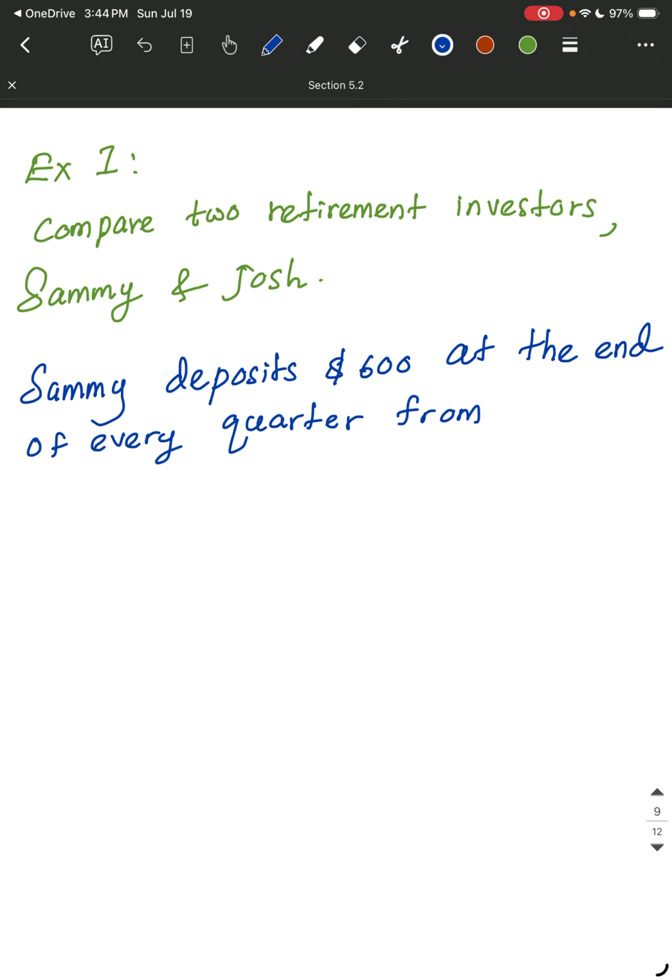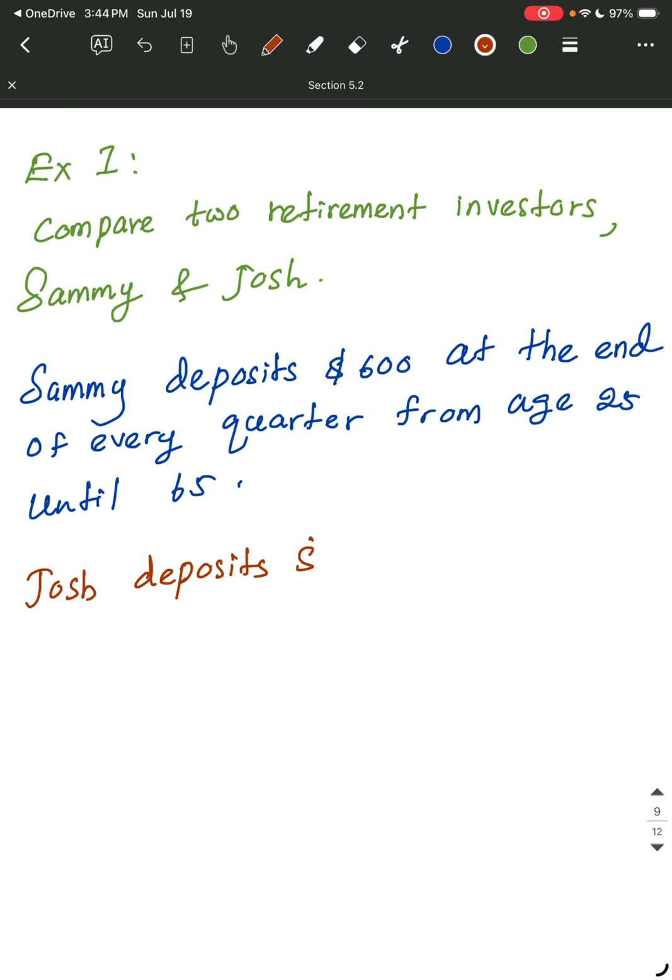Then Josh deposits $1,000 at the end of every quarter from age 35 until age 65.